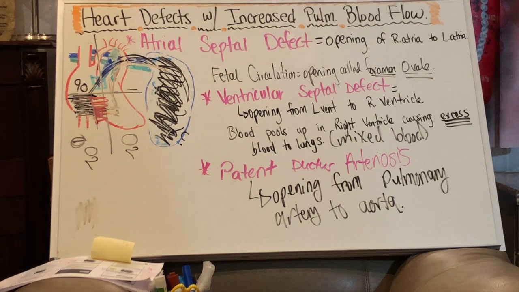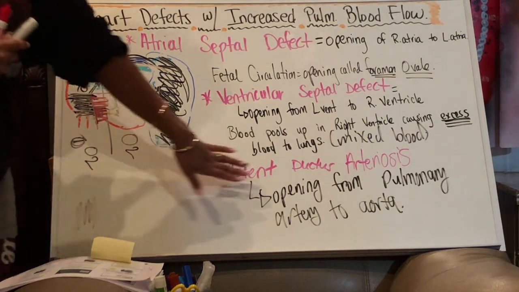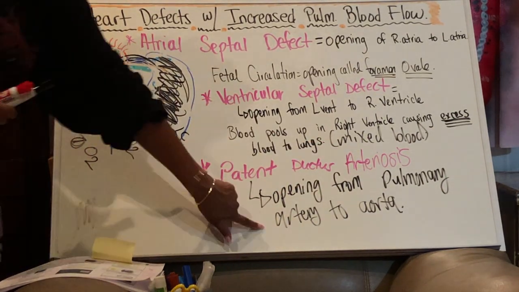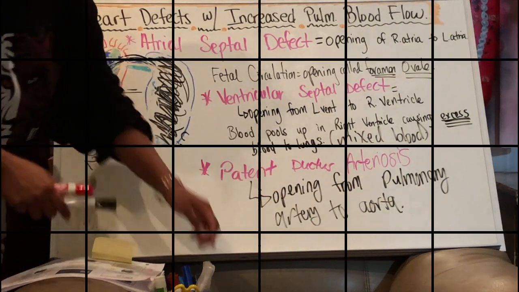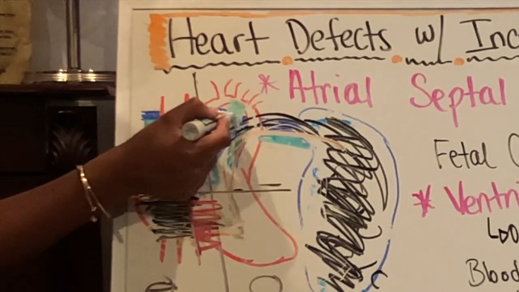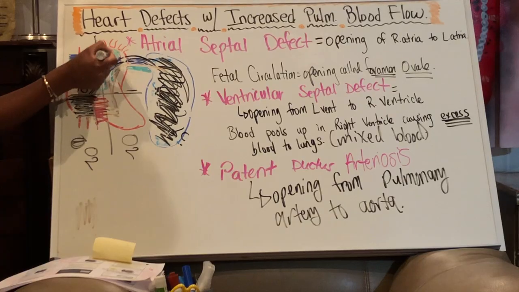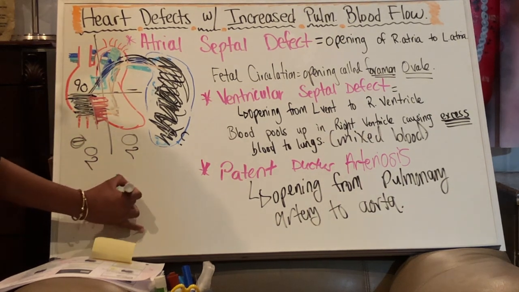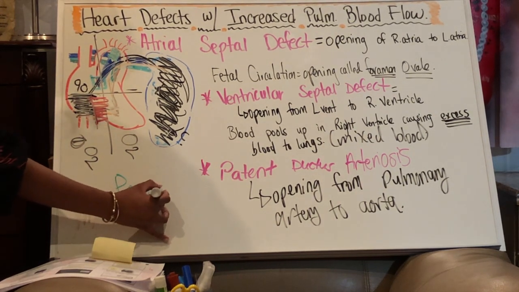The third defect is called the patent ductus arteriosus. It's an opening from the pulmonary artery to the aorta, and I drew it from the pulmonary artery to the aorta. This is an opening, and the openings are supposed to close because of pressure.